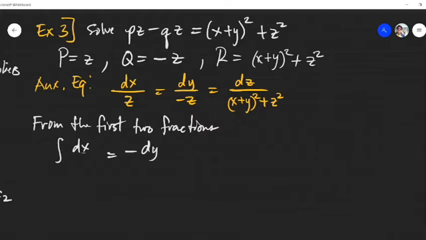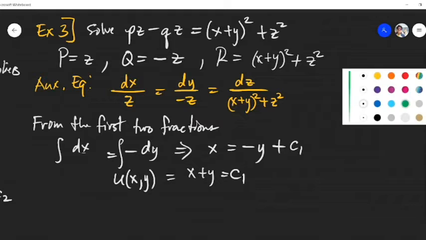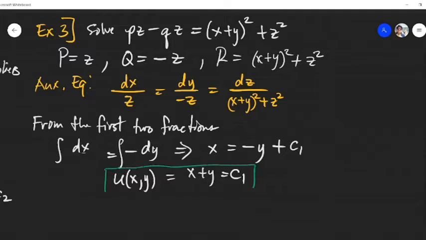And we can integrate this as easy as that. So we have integral of dx is just x, and this is equal to negative of y. And don't forget, we add c sub 1. So we have x plus y is equal to c sub 1. This is our first solution, u of x and y, because we don't have z.